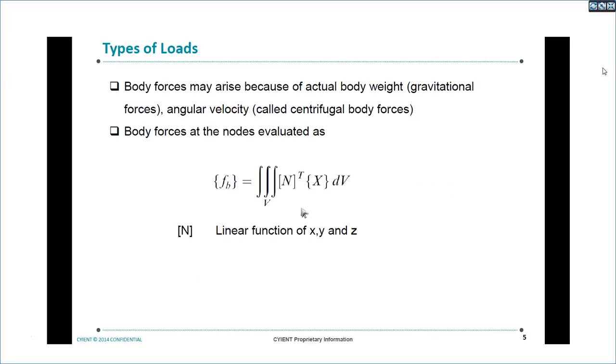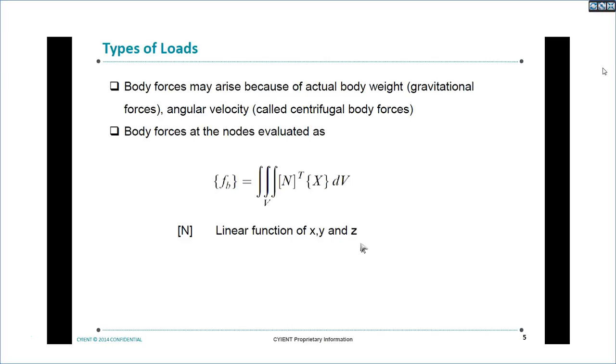Similarly, body forces may arise due to body weight or angular velocity. Typically, these are called body forces, and they are evaluated using this equation, where N is a function of the x, y, z locations of each point. So let us understand what exactly a body force is.